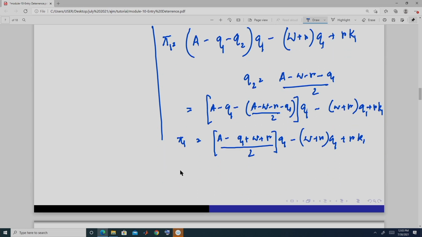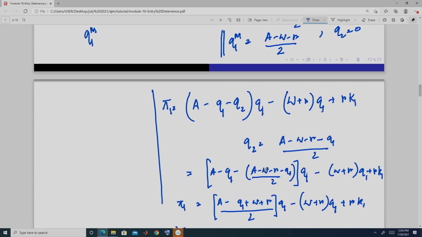Now, optimize this. This is done in the Stackelberg. We get this equal to 0.